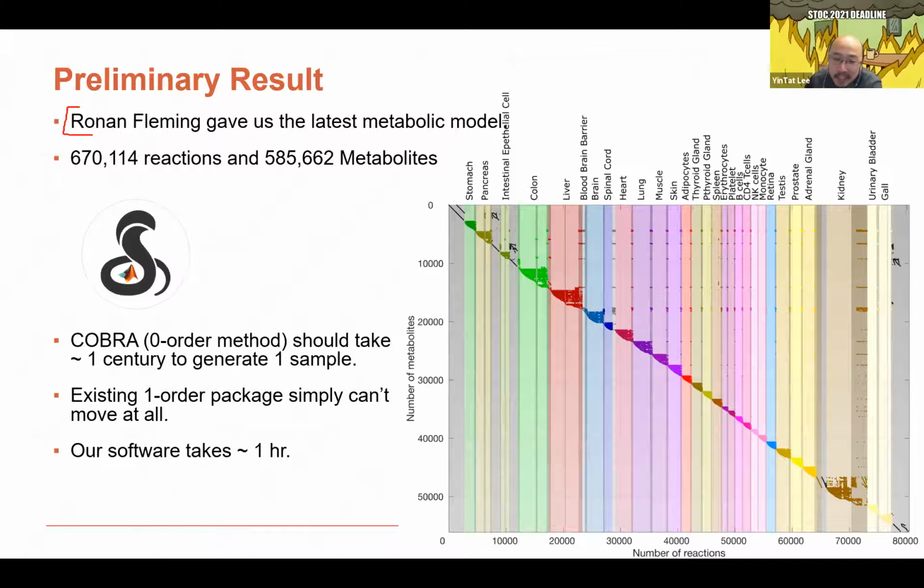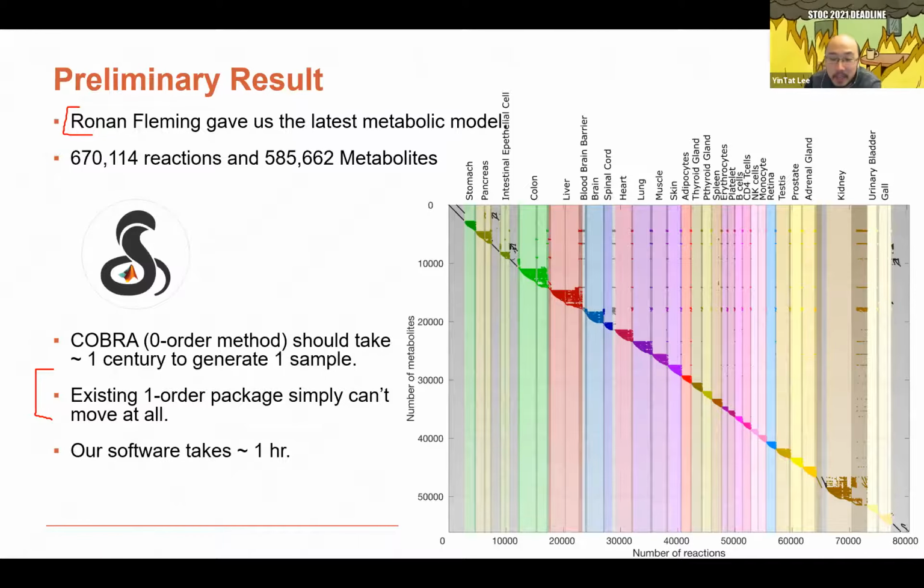The reason I suspect current software has real difficulty with this is, imagine in your body, each chemical reaction happens at a very different rate. For example, oxygen may do a lot of reactions, but for some other obscure chemical the rate may be way smaller. So this problem is in some sense very ill-conditioned, and that's why existing software simply cannot run.